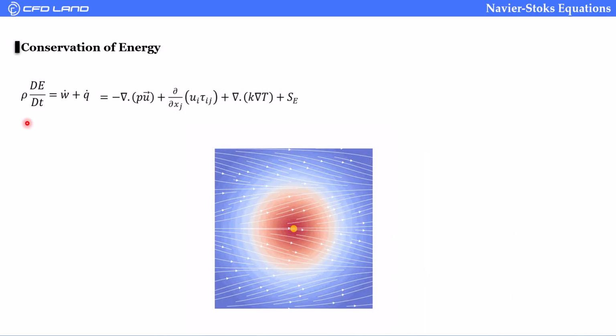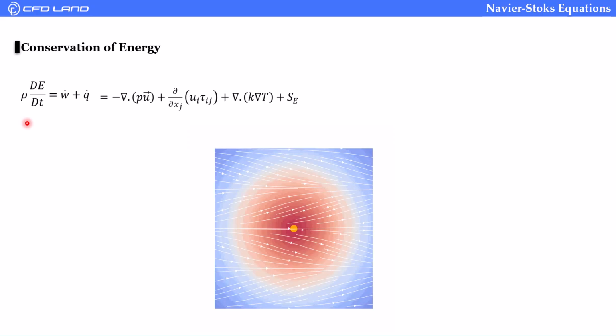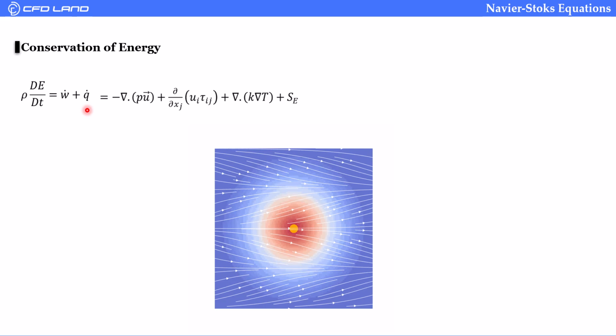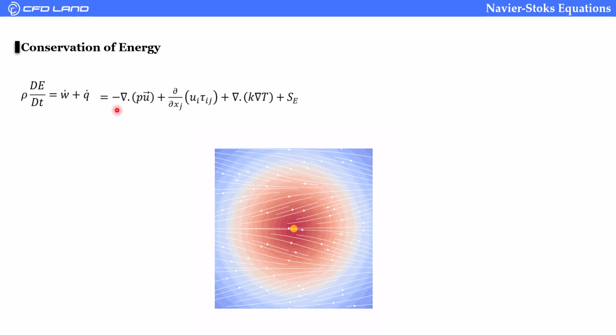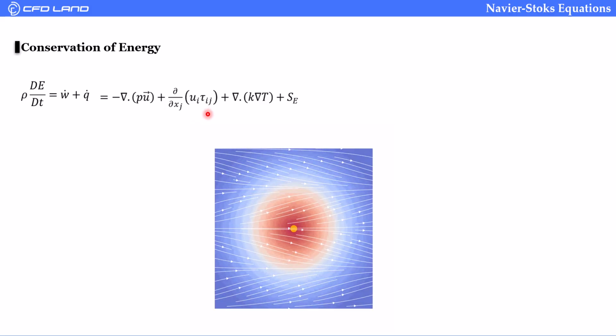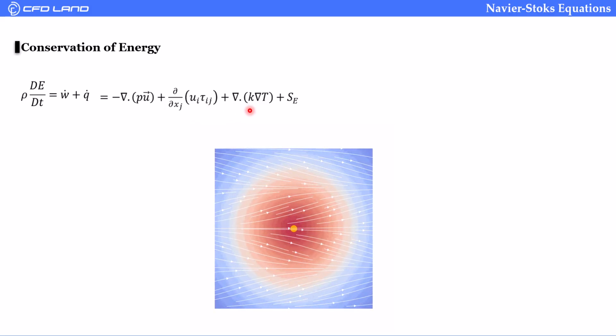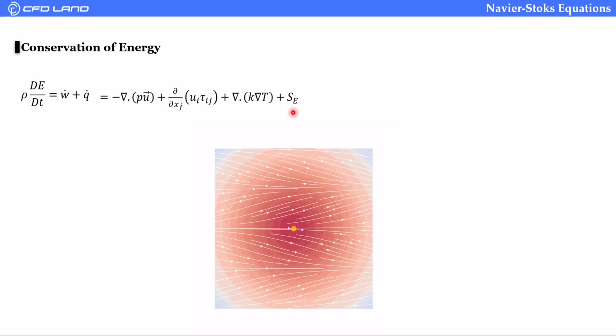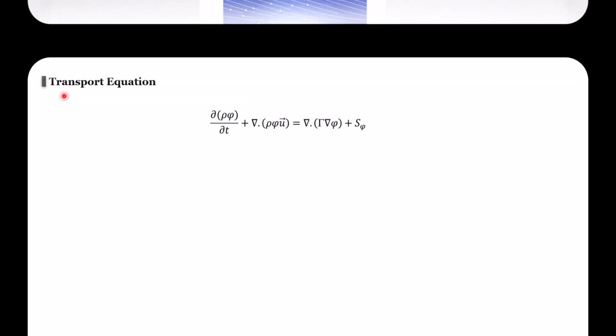So the rate of change of energy equals work done plus heat transfer or heat added, which is minus gradient dot pu plus partial x ui tau ij plus gradient dot K gradient T plus S, that is the source term.